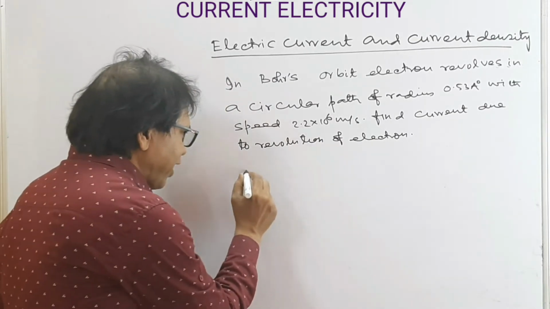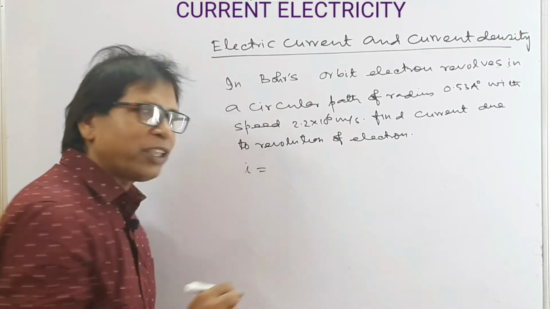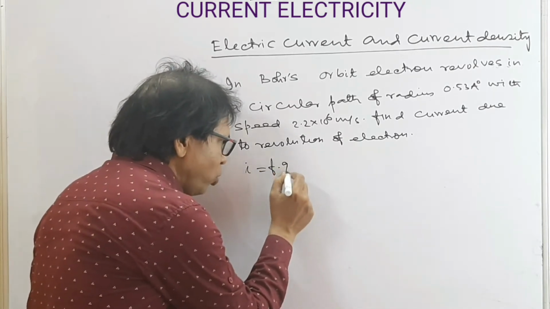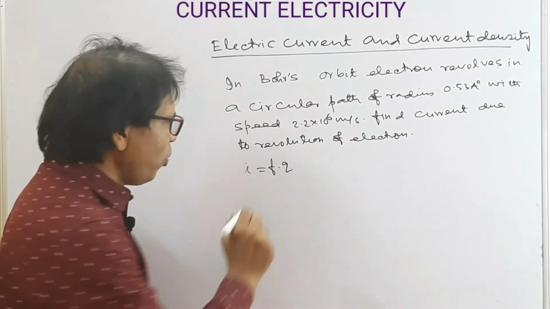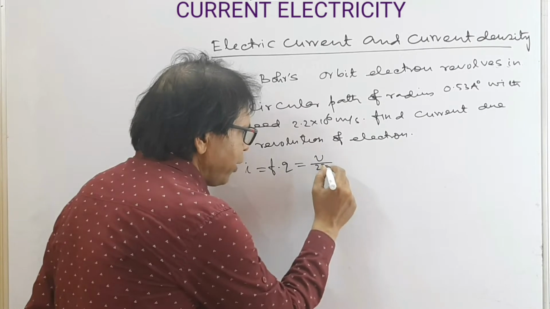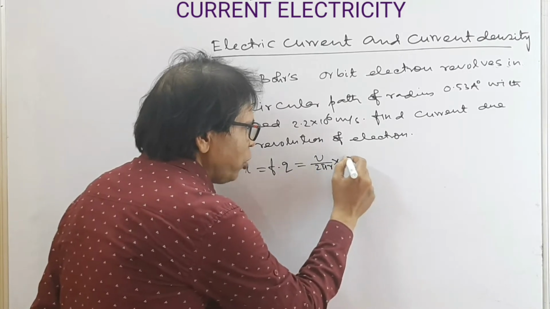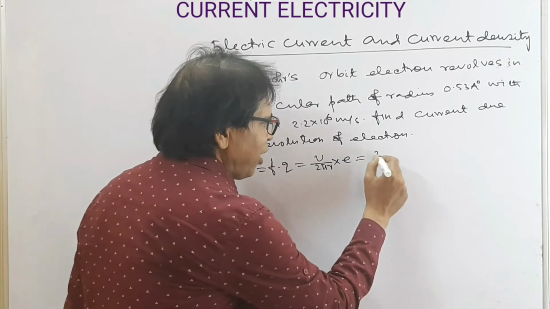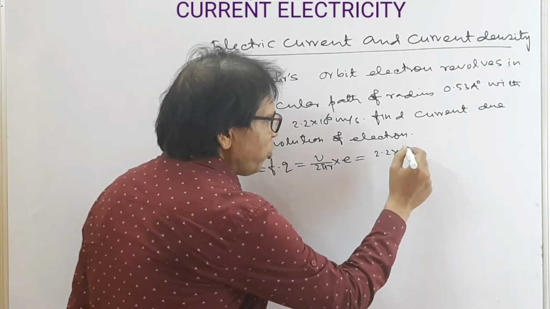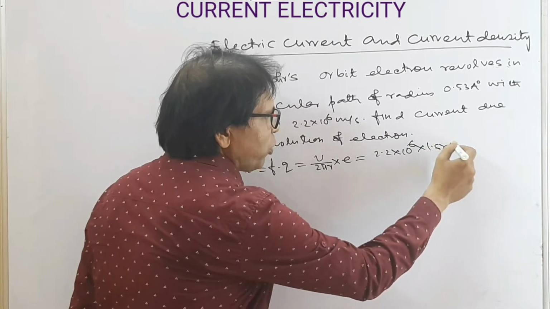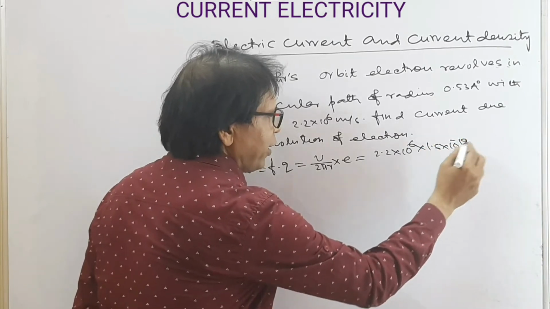The current due to revolution of a charge is frequency of revolution into charge. Here frequency is v by 2 pi r, and q equals e. Now put the values: 2.2 into 10 to the power 6, 1.6 into 10 to the power minus 19.